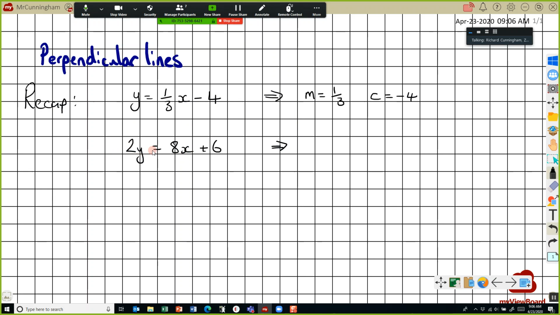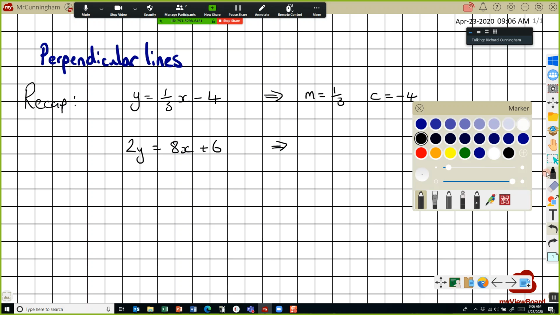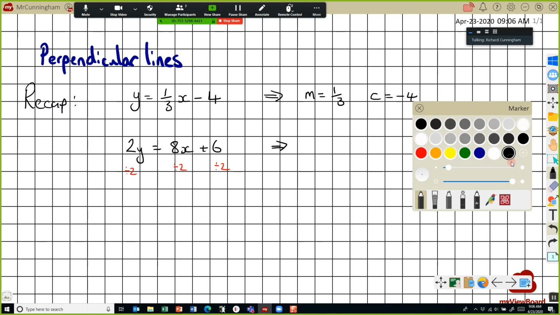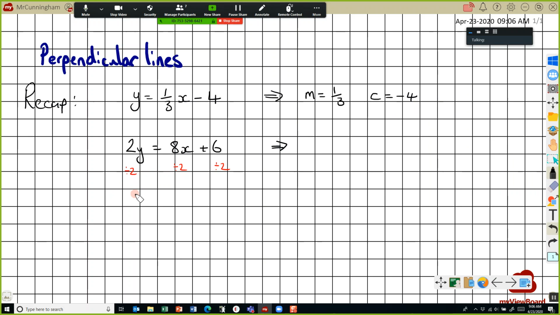So how can I make this? You just divide everything by 2. So I'm going to divide the 8x by 2 and I'm going to divide 6 by 2. Remember, what you do to one thing, you have to do to the whole thing. So that gives me y.